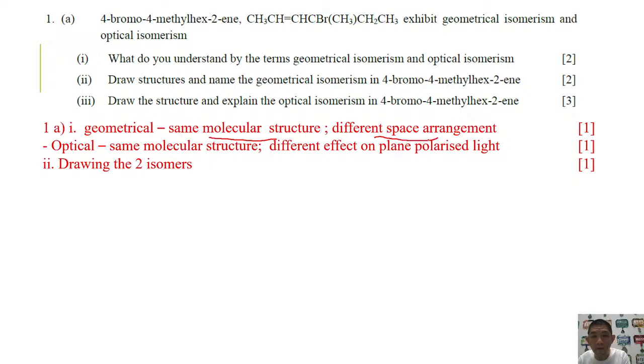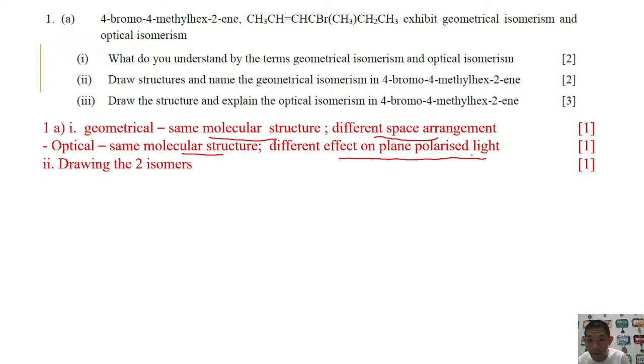Some books use different spatial arrangement, but whatever it is, they are the same, okay? Whereas optical isomers are defined as isomers that have the same molecular structure but different effect on plane polarized light. So that is how you should define geometrical isomerism and optical isomerism.